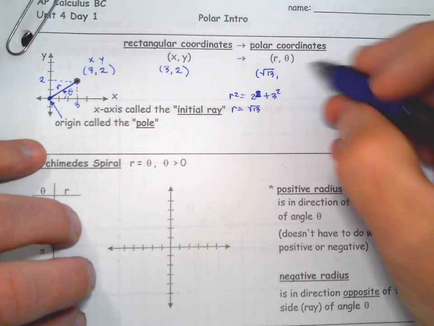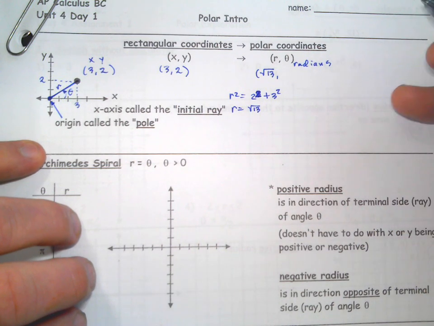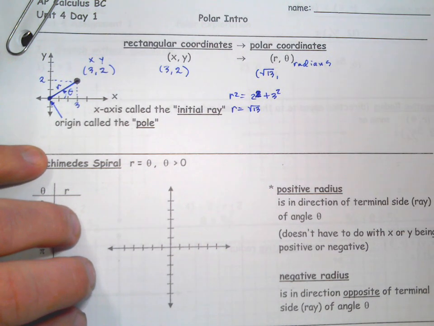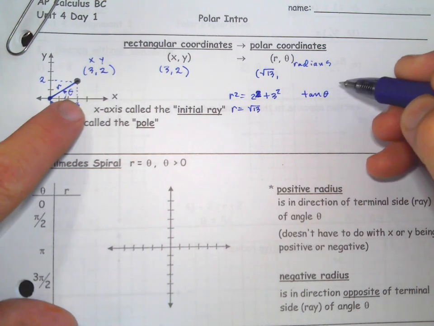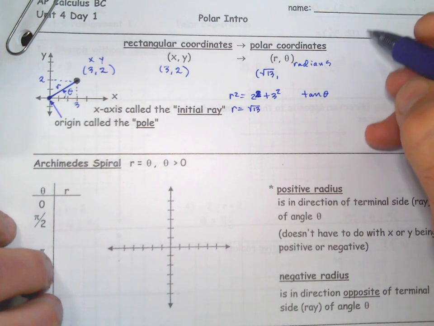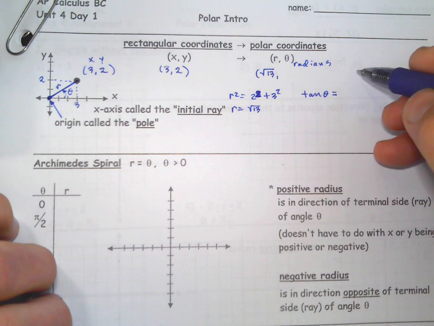Now, the angle needs to be in radians, which I think we're used to now in calculus, that we're generally working in radians instead of degrees. There's a little right triangle that gets created here, and we could use sine, cosine, or tangent.